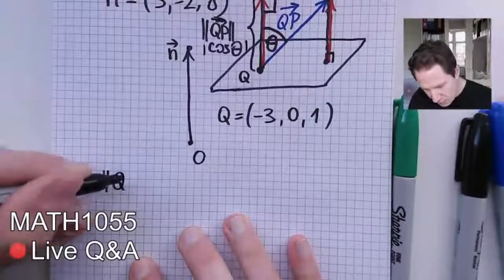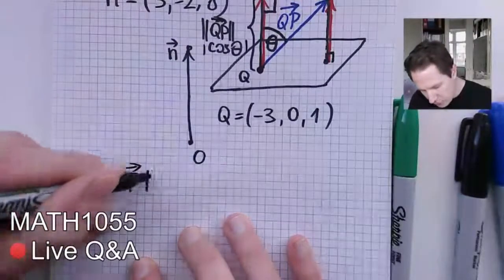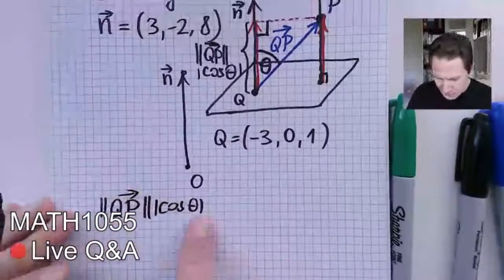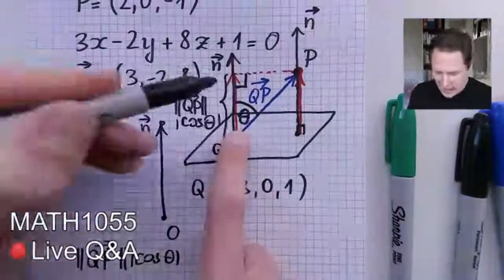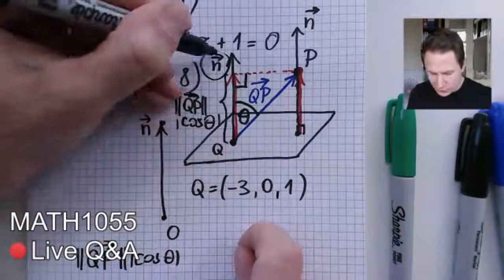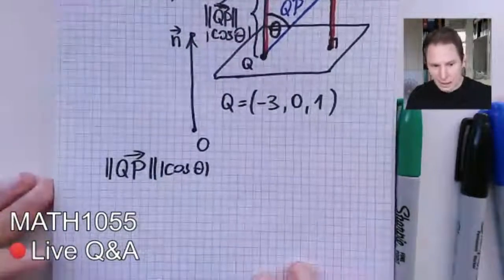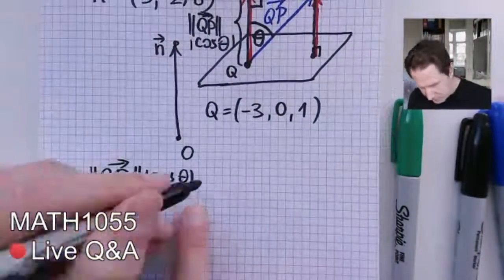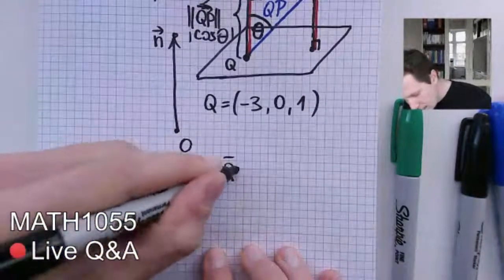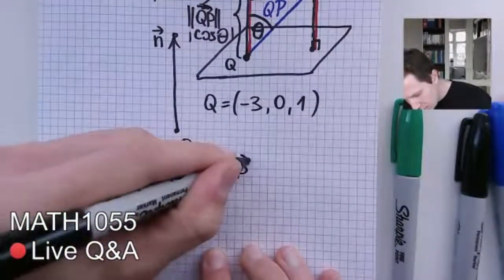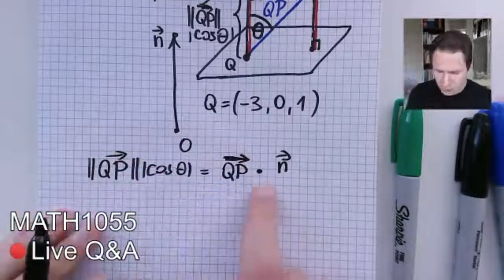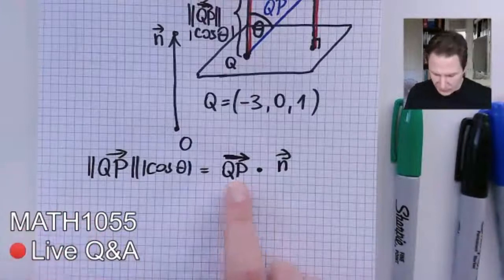So let me just write this down. The length of QP, multiplied by the cosine of theta. And what is theta? Theta is the angle between the vector QP and the normal vector n. So this here is basically the vector QP and n multiplied together by the scalar product.